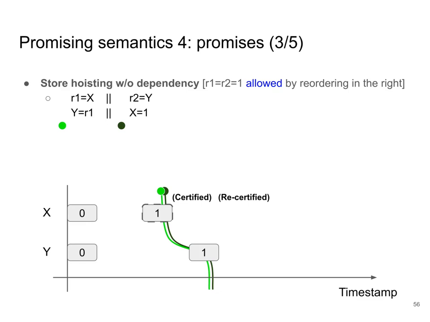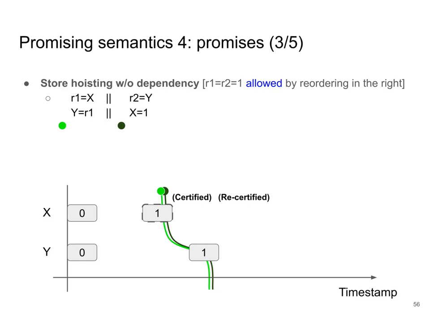So the effect is that the store is hoisted because x equals 1 is put in the memory in the first step, and the first thread may read x equals 1 and then write y equals 1. Then the second thread may read y equals 1 and then fulfill the promise.